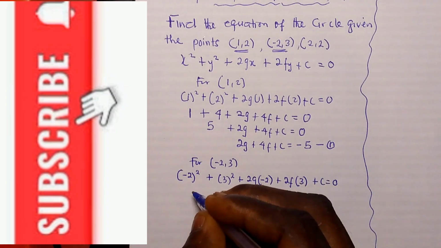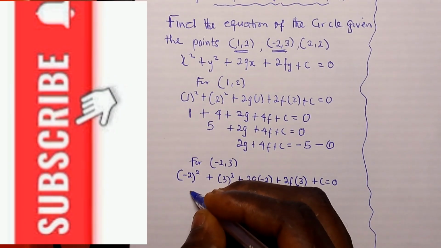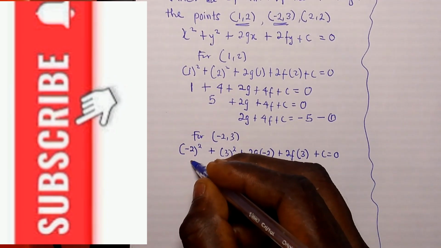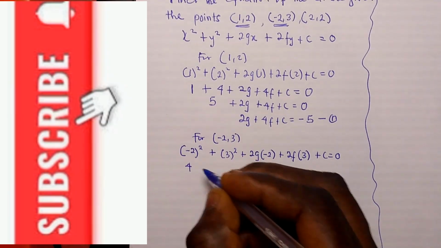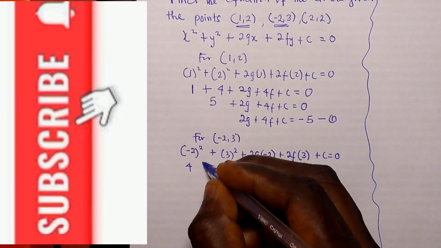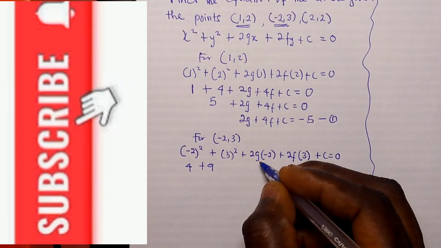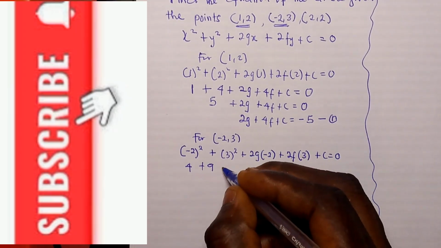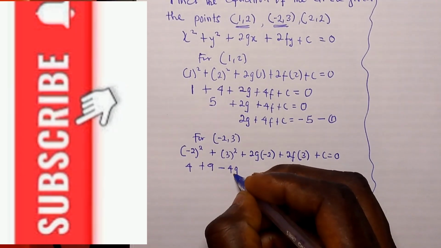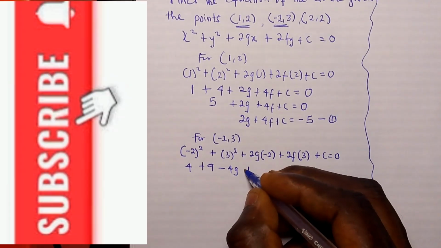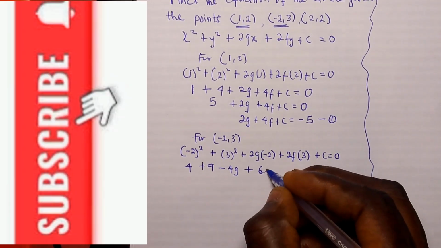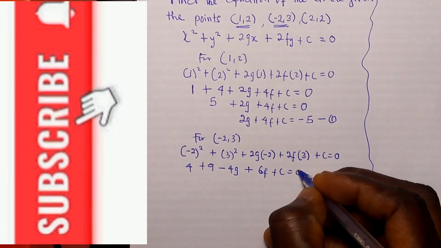So this one too, you simplify. (-2) squared will give you 4. Then 3 squared will give you 9. Then 2 times -2 will give you -4g. And then 2 times 3 will give you 6f plus c is equal to 0.